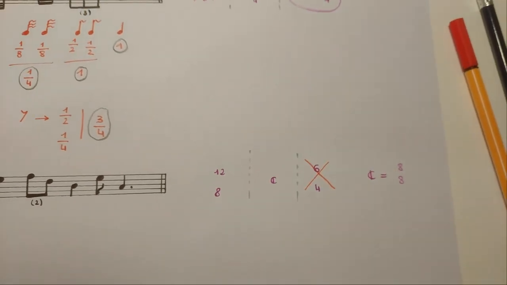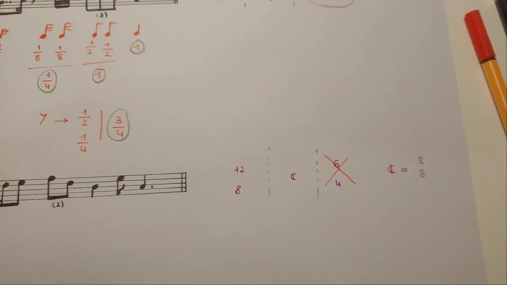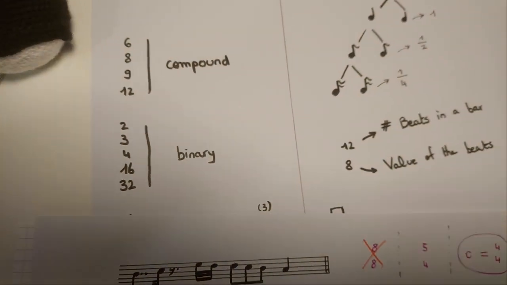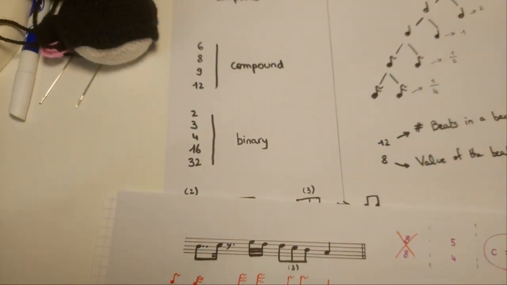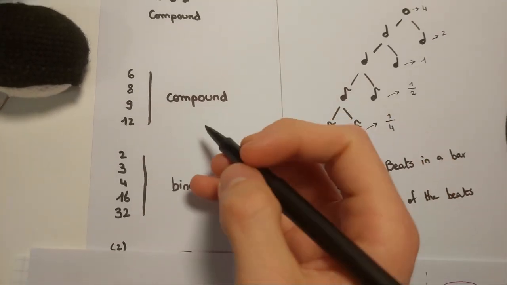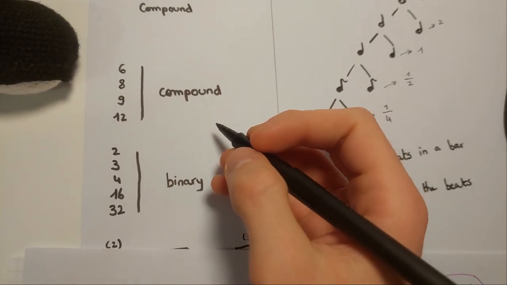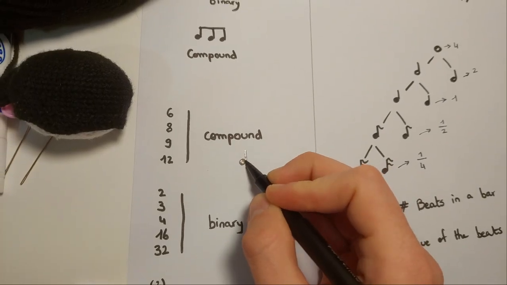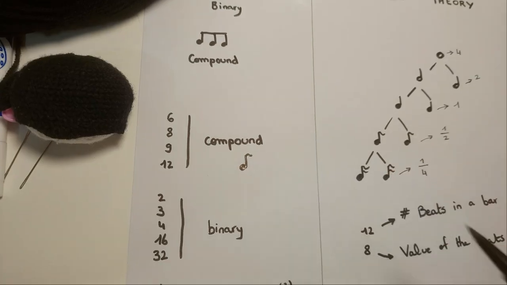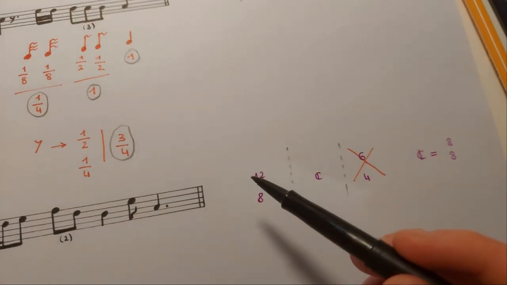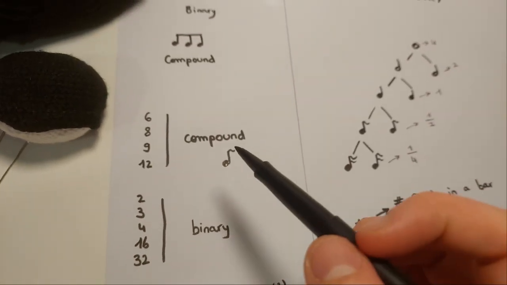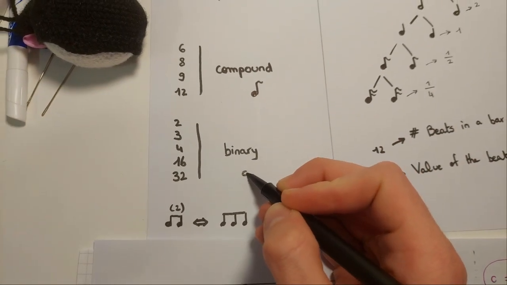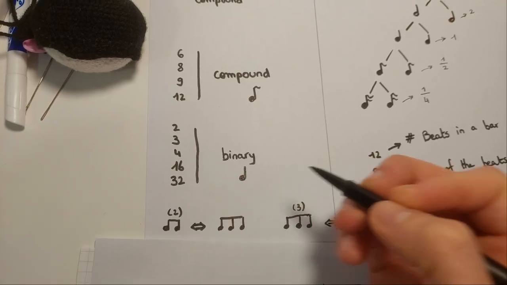Something I forgot to tell you is that when we have a compound bar, we will count the quavers. So we will count these ones, which means that if there's a 12 here, it will be 12 quavers. And in binary, we count crotchets, like this.